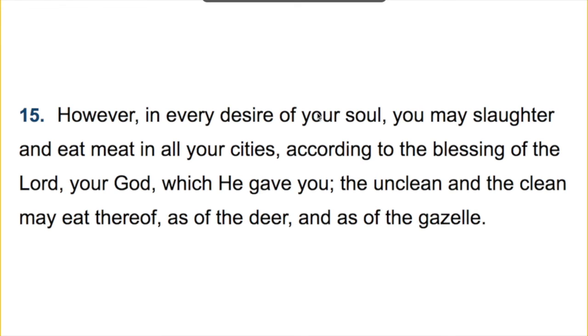But the Hebrew word for this, in every desire of your soul, it's almost implying that you could translate it as, however, if your soul really wants to slaughter and eat meat in your own city, according to the blessing of the Lord your God, then you can eat it. As if to say that you should normally abstain from eating meat, because there's such an emphasis on the desire of your soul. It's not saying if you want to eat meat. It's saying if you really want to eat meat. It's almost deterring you. Interesting.